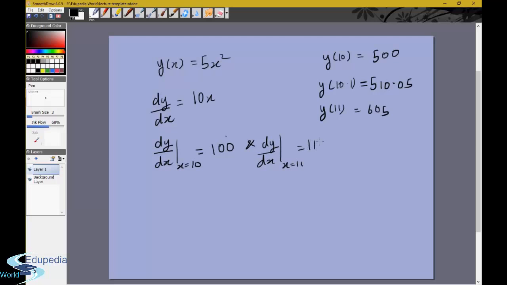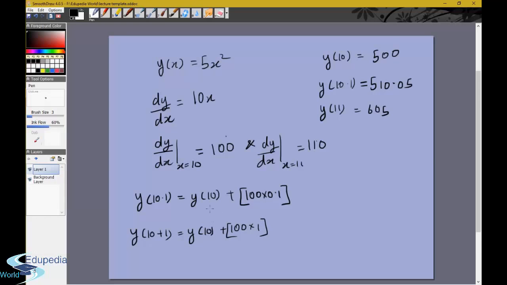It is 110. So dy by dx is changing. Now if dy by dx was constant, let's say dy by dx was constant 100, then we could write y of 10.1 is equal to y of 10 plus 100 into 0.1, and we could write y of 10 plus 1 is equal to y of 10 plus 100 into 1.